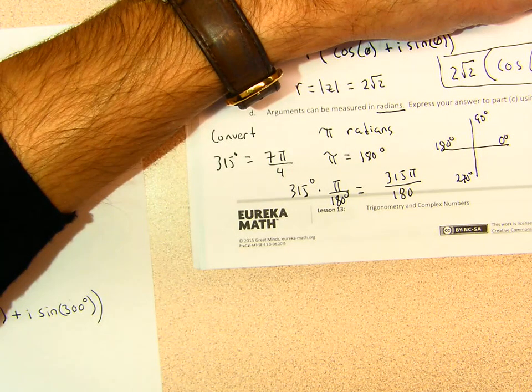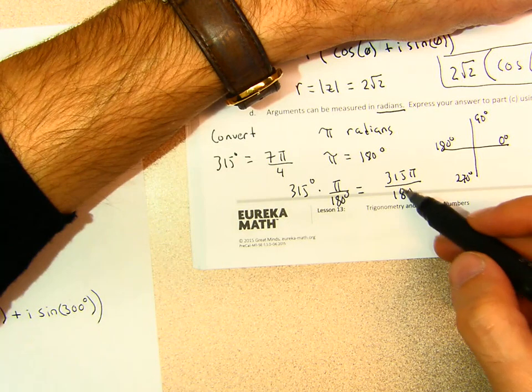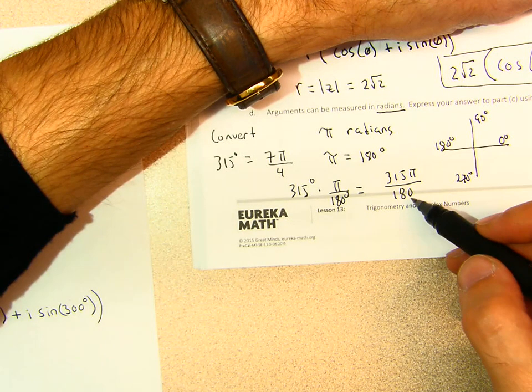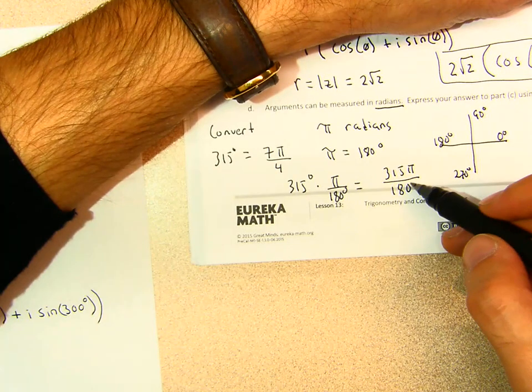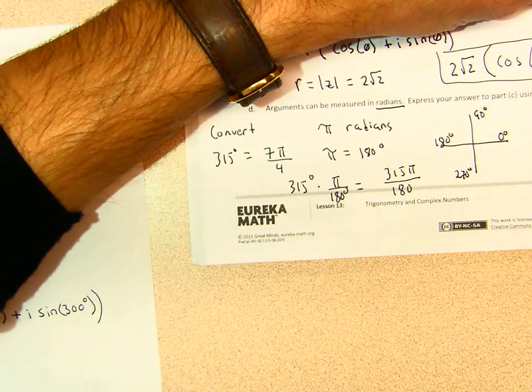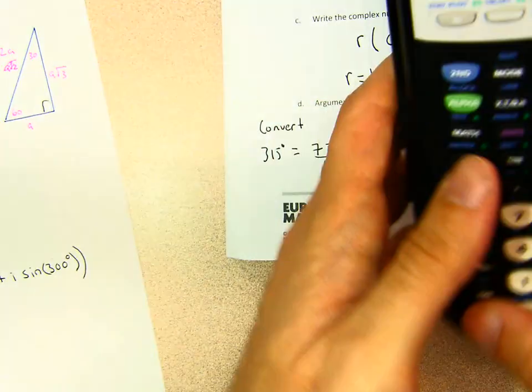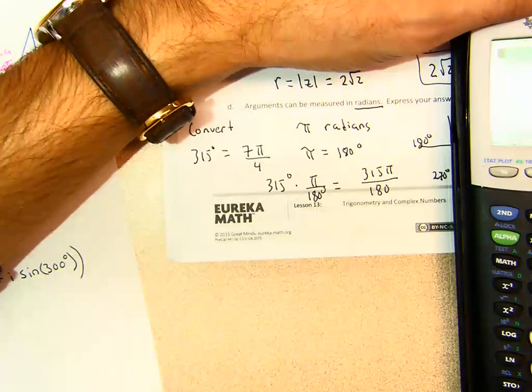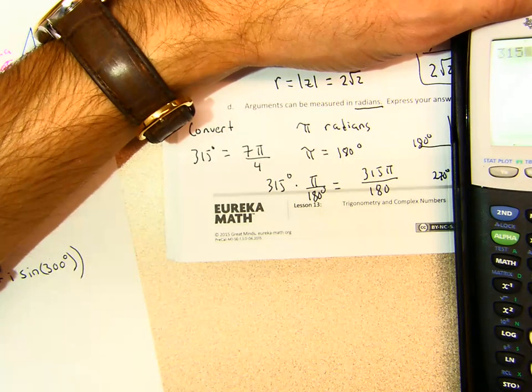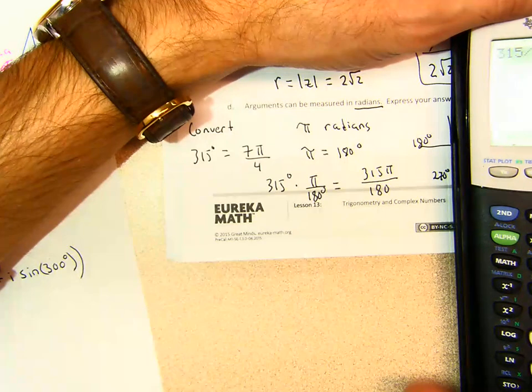And what is the greatest common factor of 315 and 180? Oh boy, let's see. If I divide by 5, let's use a calculator. I know it should be 7 pi over 4, but let's see. What's 315 divided by 5? Okay, so that's 63.